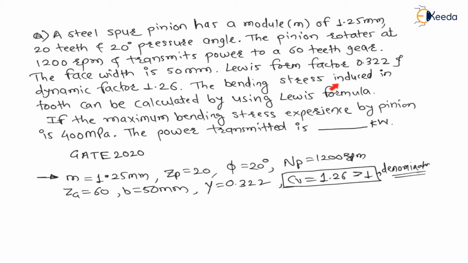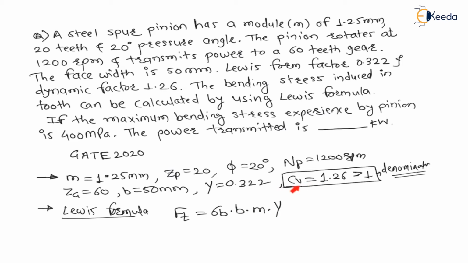Then the bending stress induced in the tooth can be calculated by using the Lewis formula. Now here we know that the Lewis formula says that the tangential force carrying capacity Ft is equal to sigma b b m y. Here sigma b is bending stress, b is face width, m is module, y is Lewis form factor.